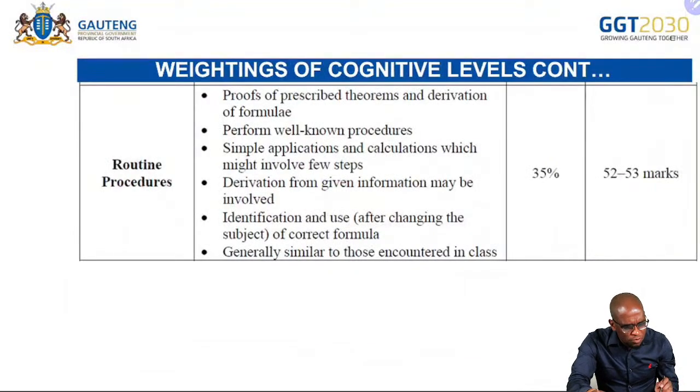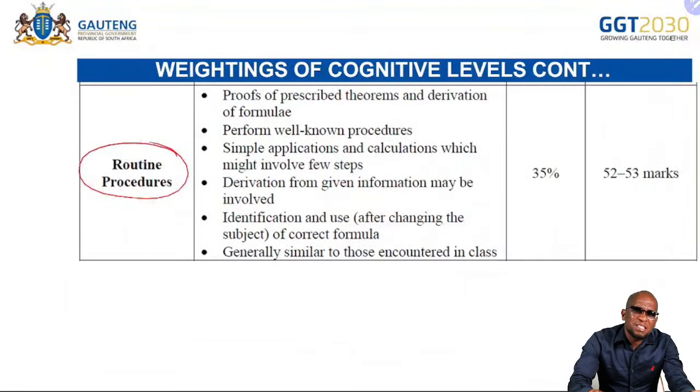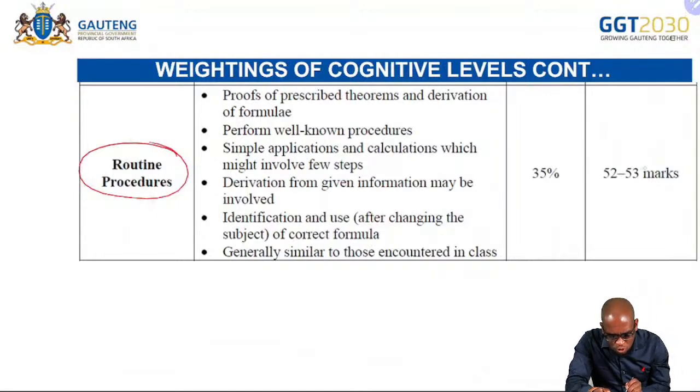Right, we then move to routine procedures. These are not necessarily difficult questions as well. These are routine questions that you've been doing in your classwork, in your homework, and in your class tests. They weigh between 52 to 53 marks. It's 35%.